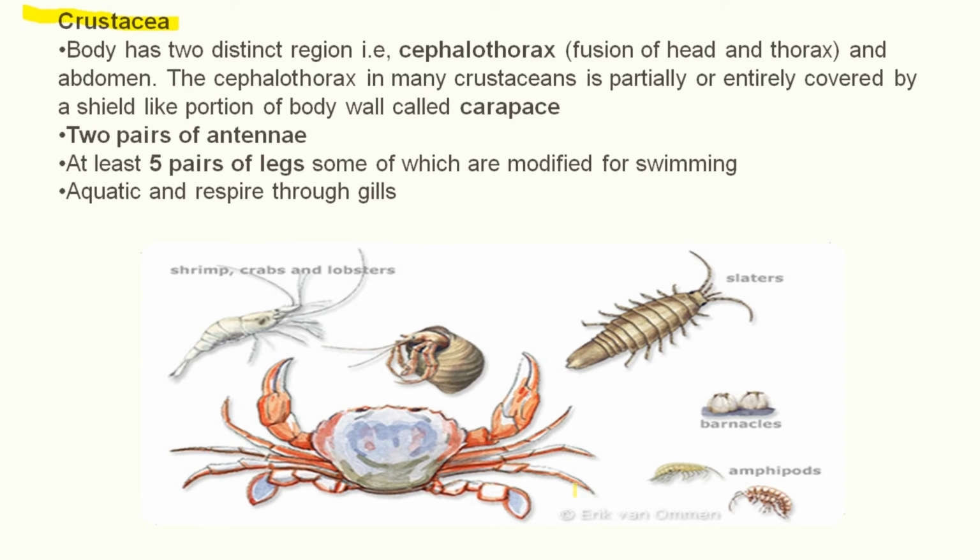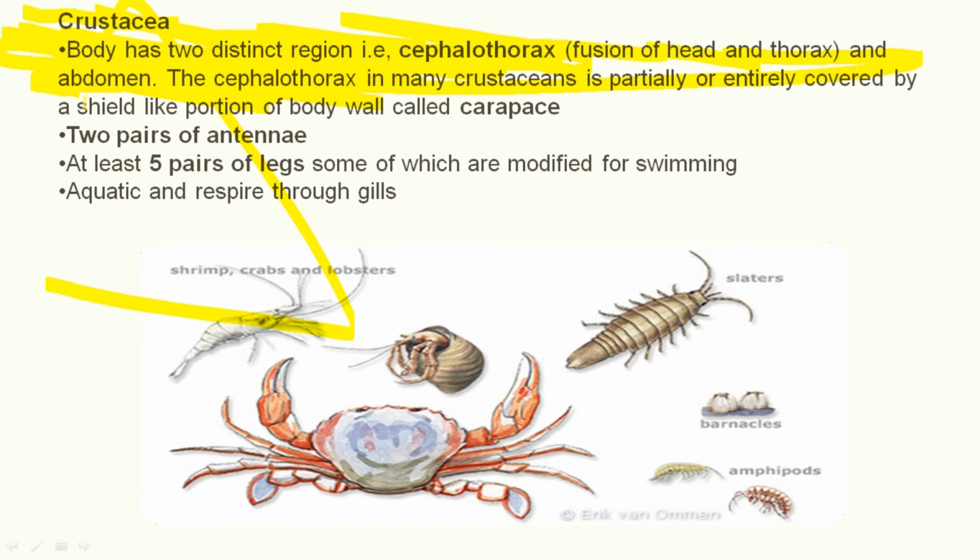Then come to Crustacea. In case of Crustacea, the body has two distinct regions, cephalothorax and what? Abdomen. Just like in Arachnida, in scorpions and others, they also have two distinct body regions: cephalothorax, that means head and thorax joined, and another one is abdomen.